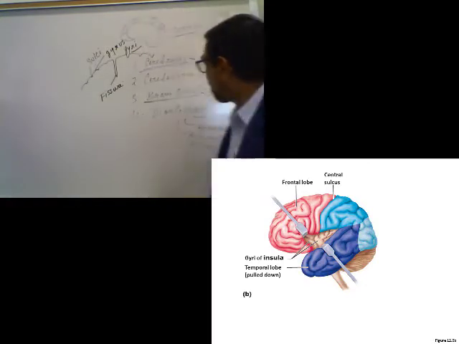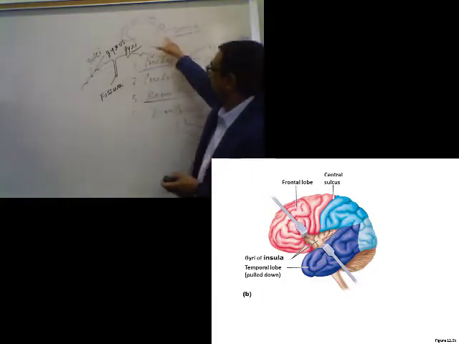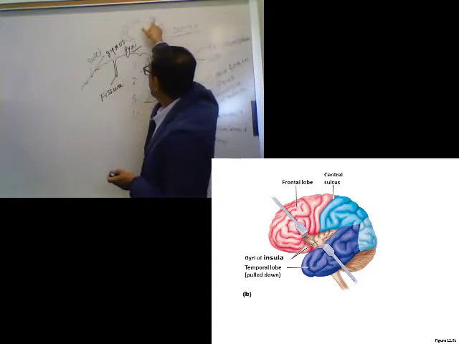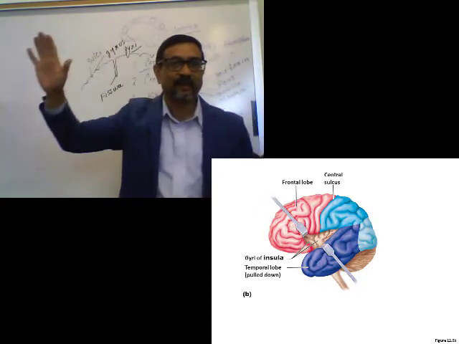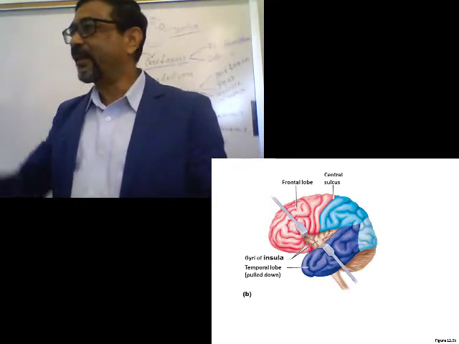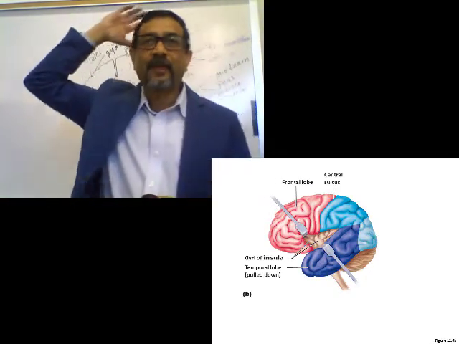Now, you remember I said the function of the cerebrum is on the surface, which is the cortex. You have several functional areas, right? Remember that? So, what are the important functional areas you have on the surface of the cerebrum?